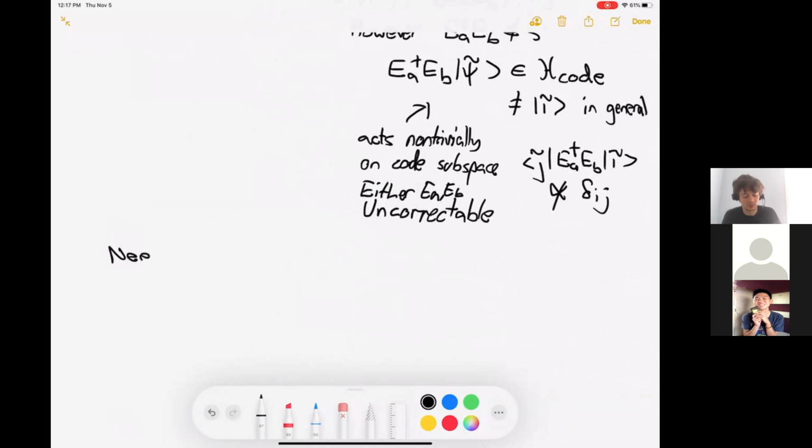So what we need is that case 3 never happen for allowed errors.